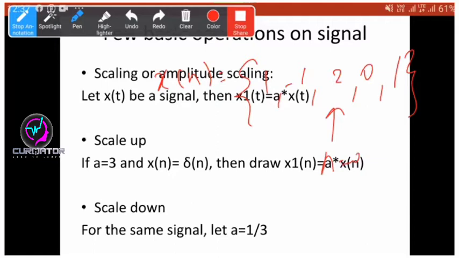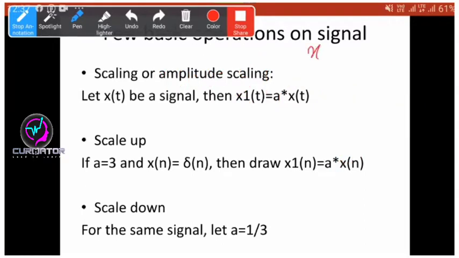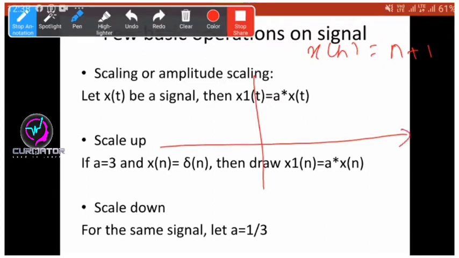Both of these can be plotted as graphs. For example, let me plot x of n equal to n plus 1 now. The same way, n will be marked on the x-axis, and x of n here, this is 0.